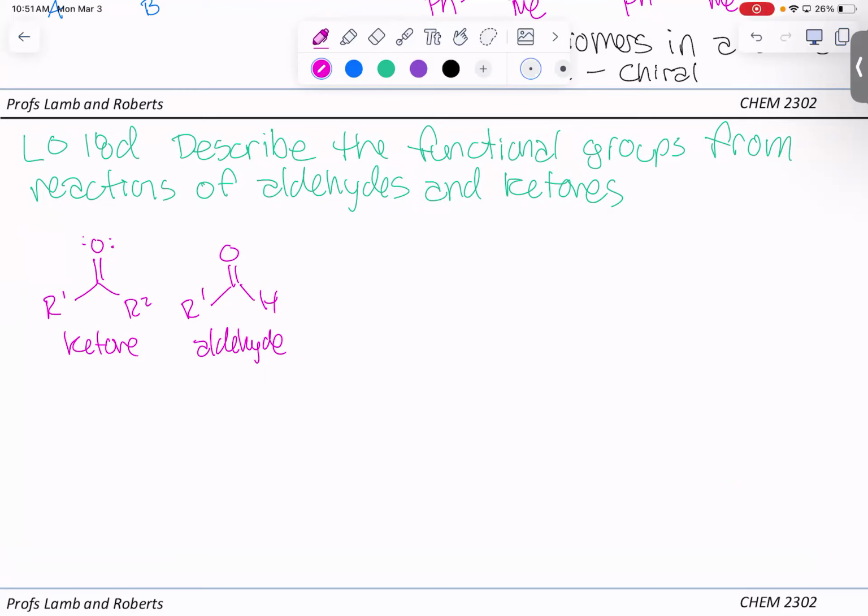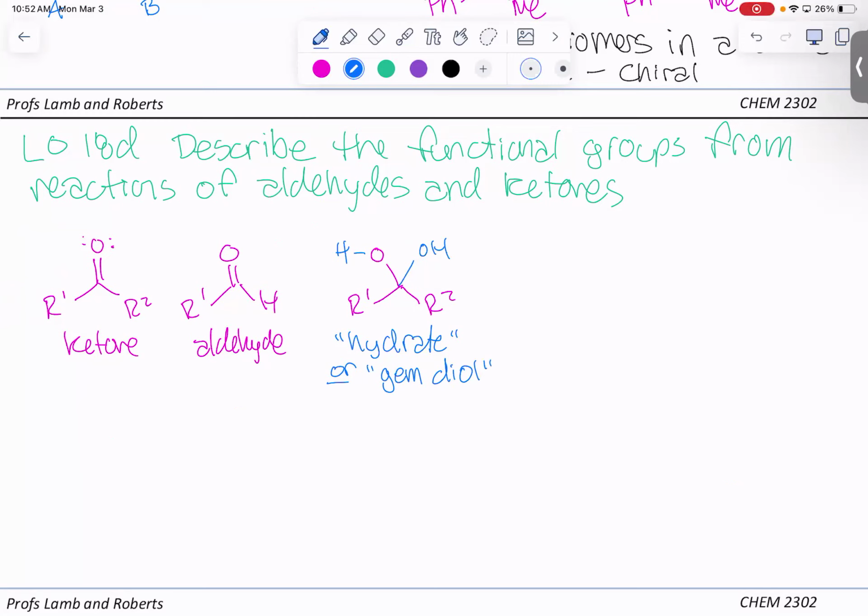Okay, so if we were to react water with a ketone, what we would get out at the end of the day is going to be called a hydrate. All right, a hydrate. Or sometimes we call this a gem, meaning geminal, meaning that it's on the same carbon, diol. Di meaning two, ol meaning alcohol.